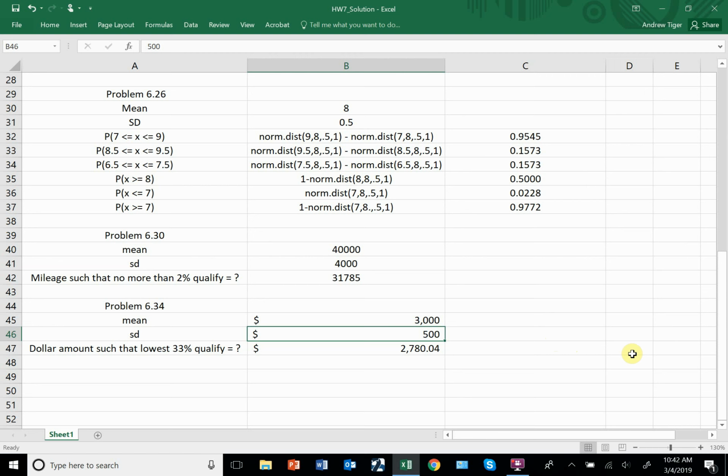And so we only want it to happen 33% of the time. So what expense is it such that if it's less than that, they'll get a deduction in their premium going forward?